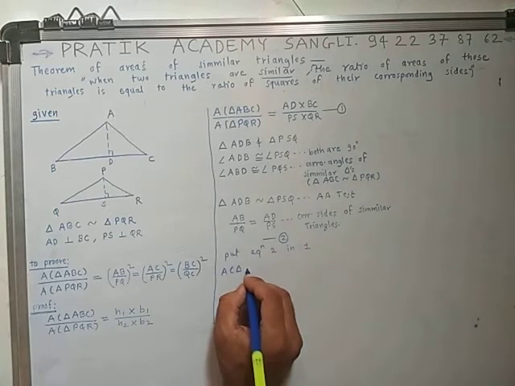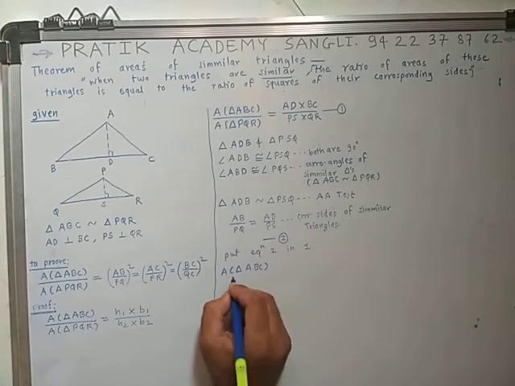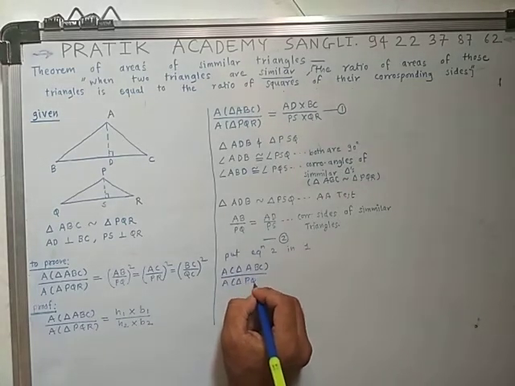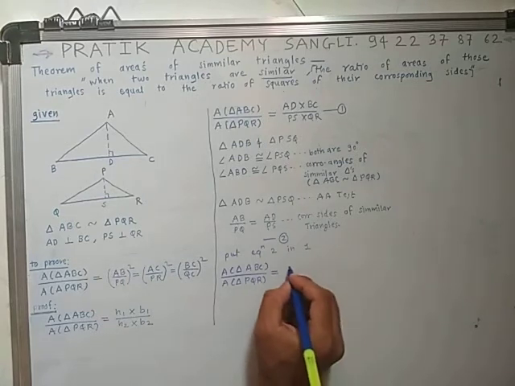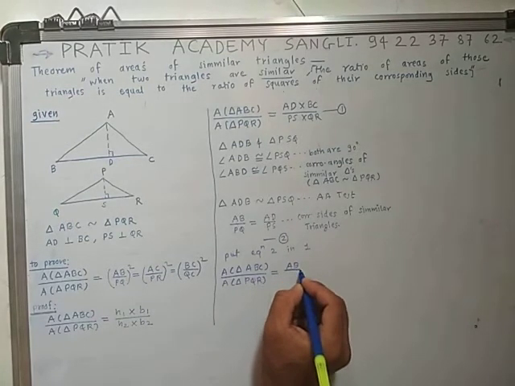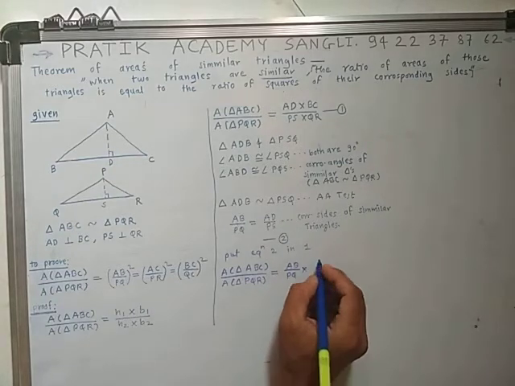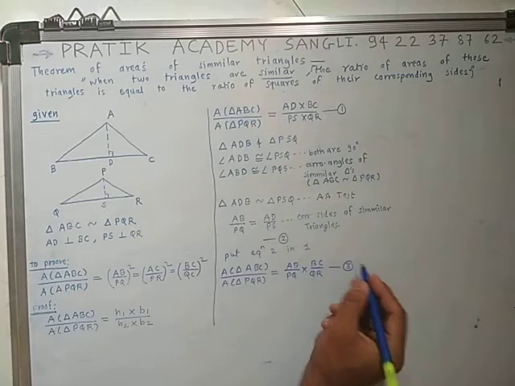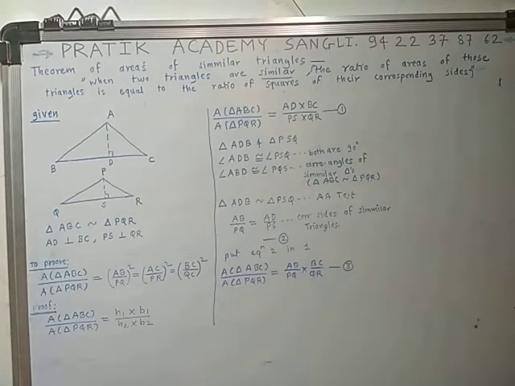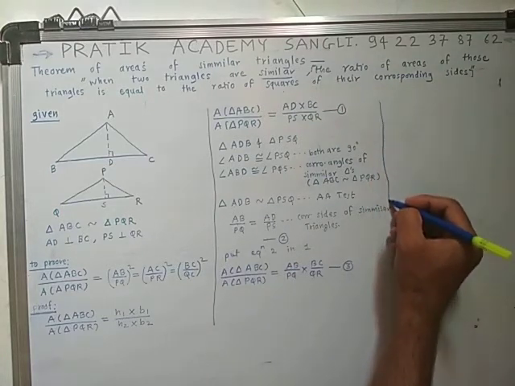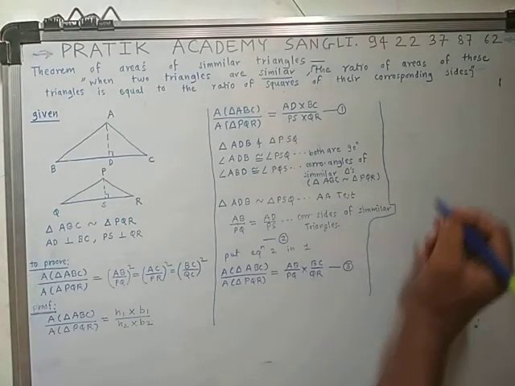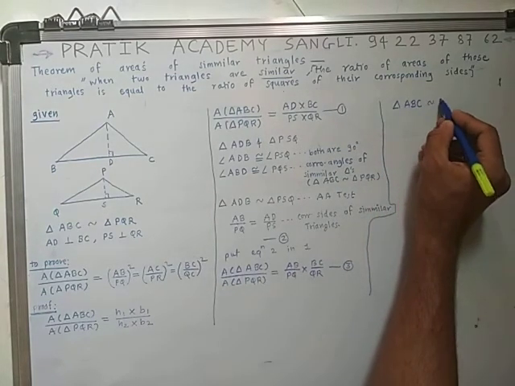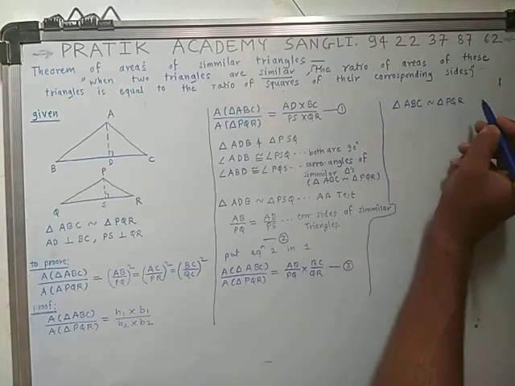Area of triangle ABC upon area of triangle PQR. This ratio will be equal to AB upon PQ into BC upon QR. Call this equation 3. Now we know that it is given that triangle ABC is similar to triangle PQR.